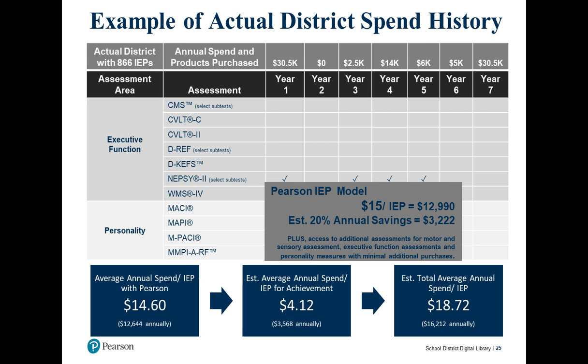So I want to point out that the district would have access to all of the 40-plus assessments that are part of the DALS, and they'd be able to choose what test is the most appropriate for the student that's being evaluated.